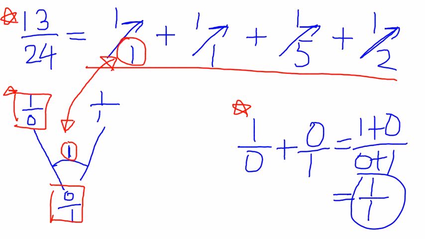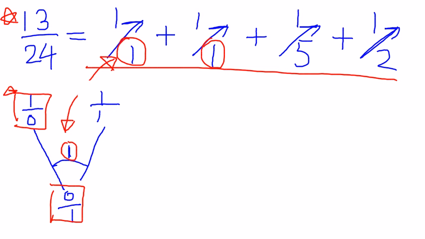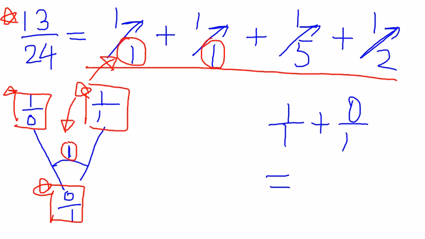Okay, the next step is to look at the second code 1 here. Now you look at the two numbers 1 over 1 and 0 over 1, and again you add them in such a strange way as before. Then you get 1 plus 0 on top, 1 plus 1 on the bottom.